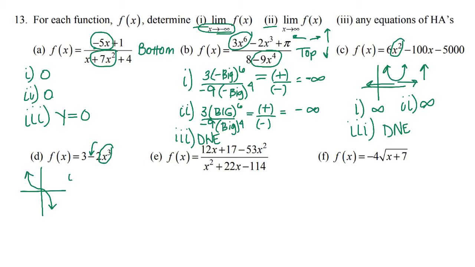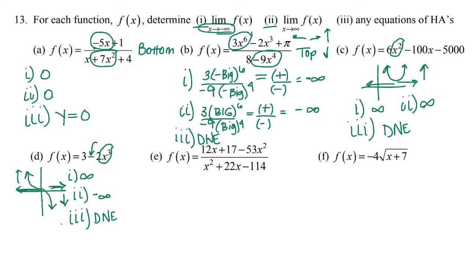So if x is tending toward negative infinity, our y values are tending toward positive infinity. For the second part, as x heads toward positive infinity, our y values are heading toward negative infinity. And again, for this one, we did not have a horizontal asymptote, so it does not exist.